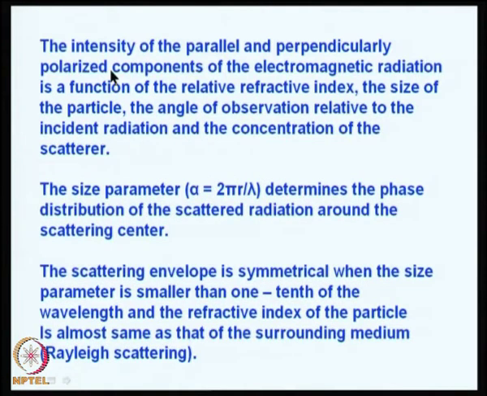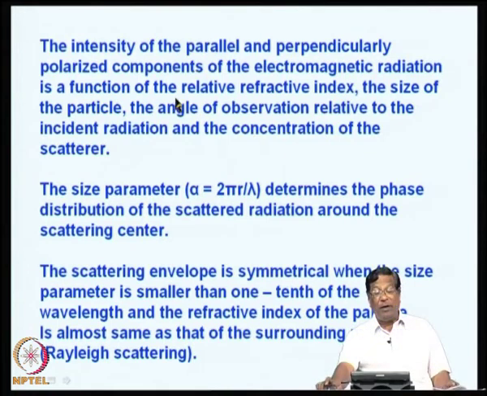Now, the intensity of the parallel and perpendicularly polarized components of the electromagnetic radiation is a function of the relative refractive index. So, you need not essentially have precipitate alone, even if there are optical inhomogeneities, still the relative refractive index would change.